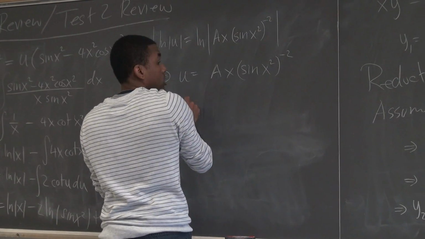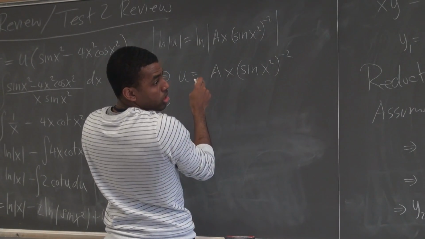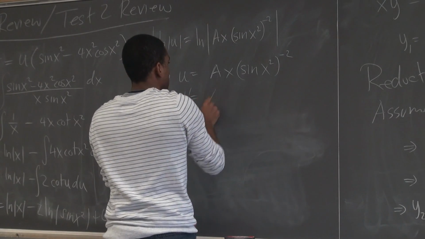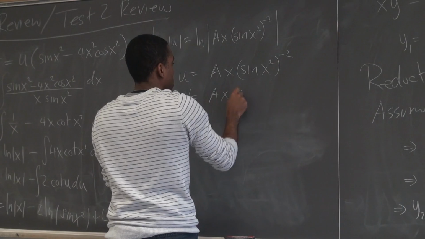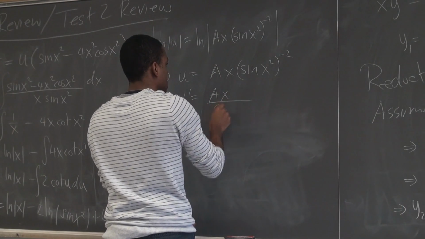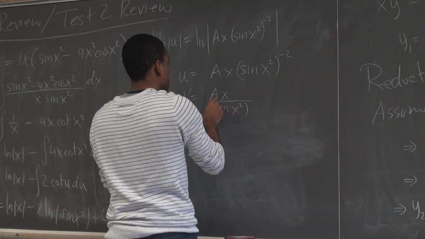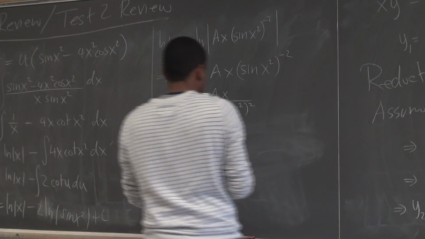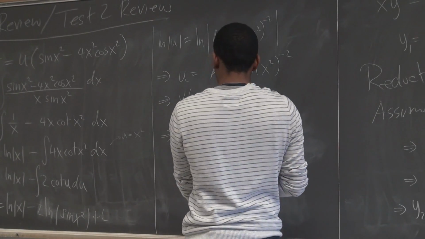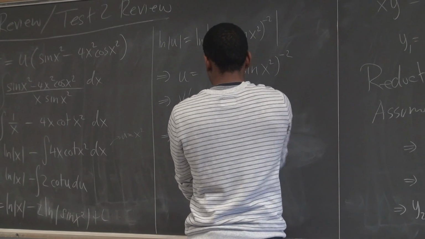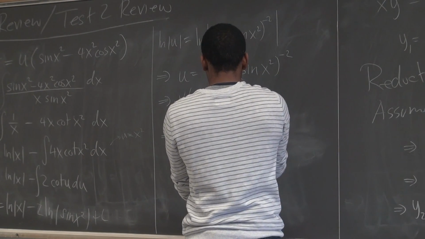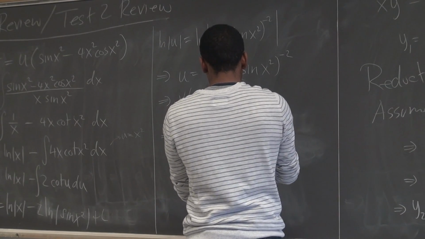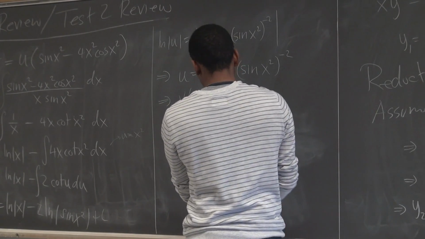This means our u equals b prime a x over sine x squared squared. This means that b is equal to, how do we do with this one? We need another u sub.